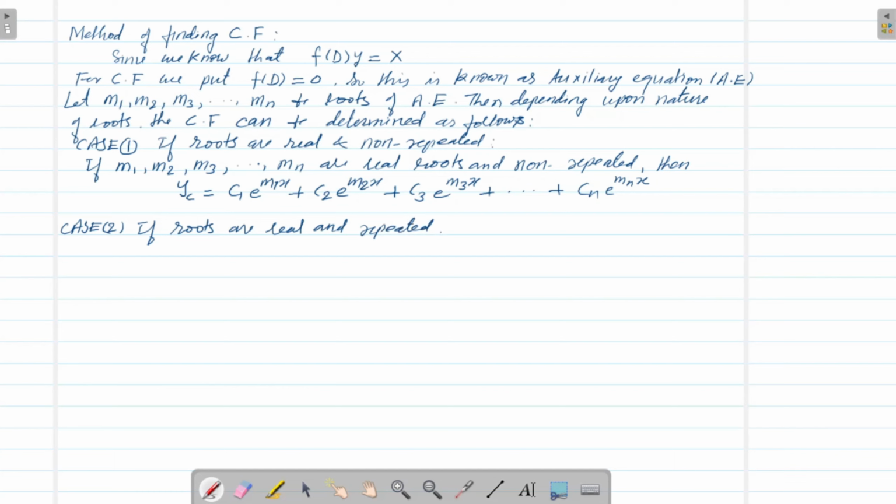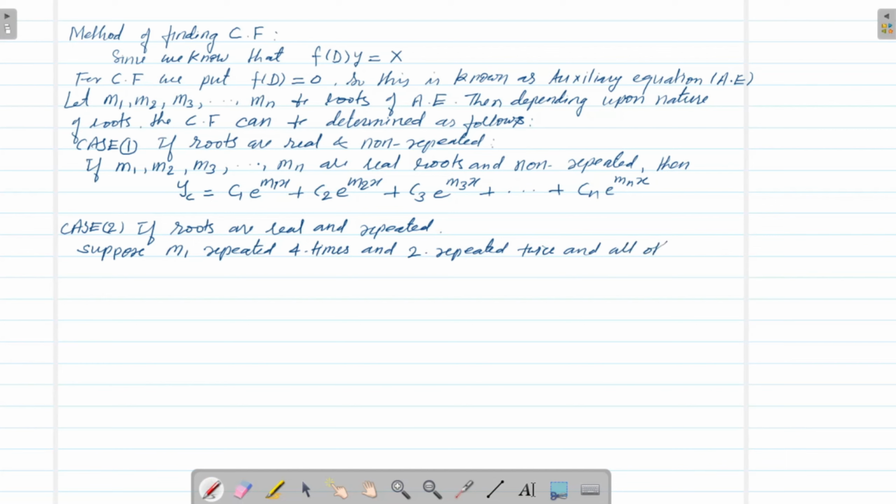Suppose root m1 is repeated 4 times, and m2 is repeated twice, and all other roots are distinct.